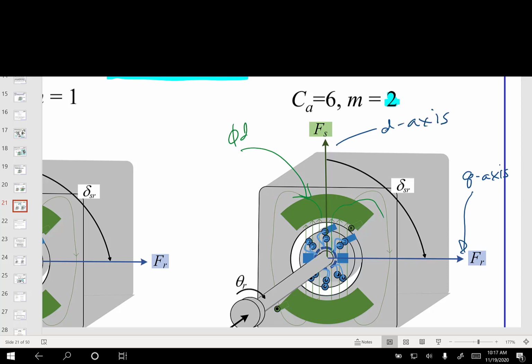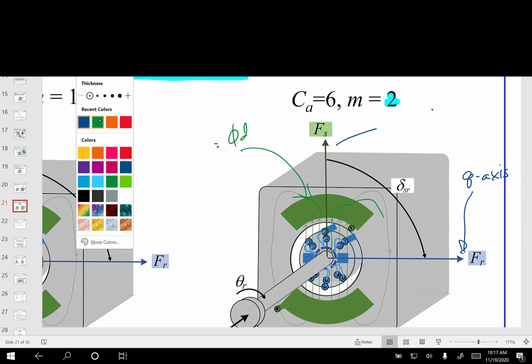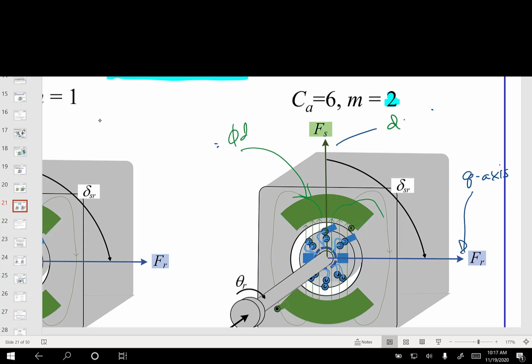And so the flux per pole is equal, I should have kept my colors right, but this is your D axis here. The flux per pole is equal to the direct axis flux.